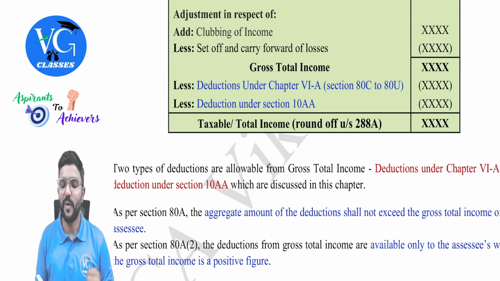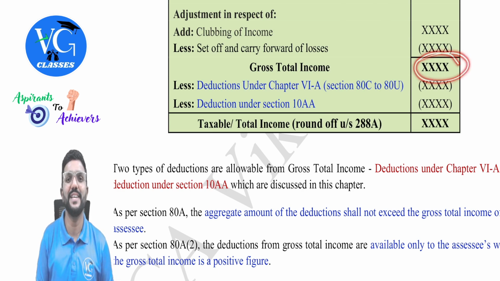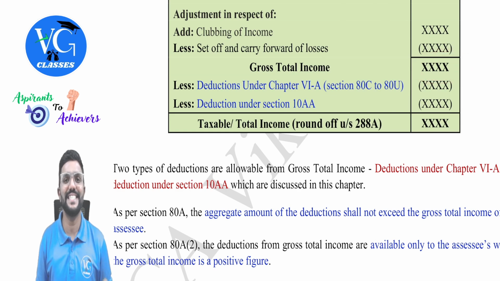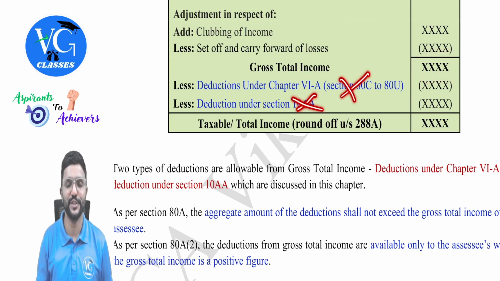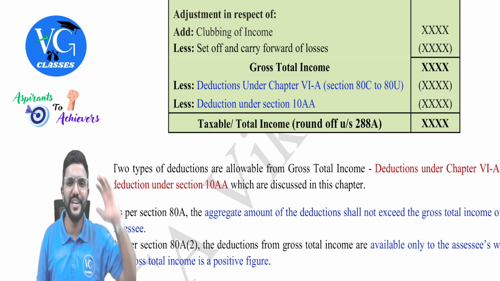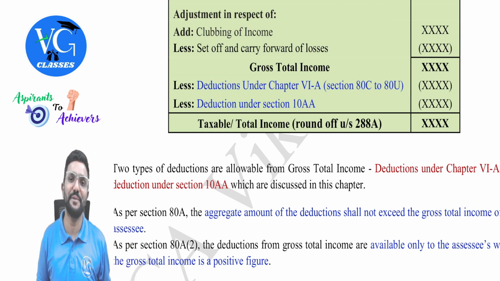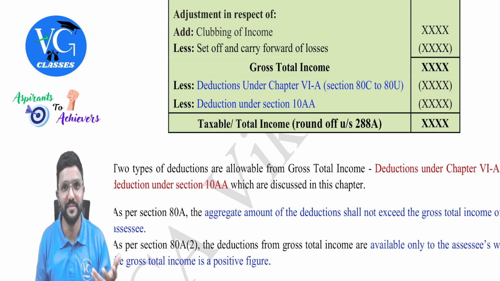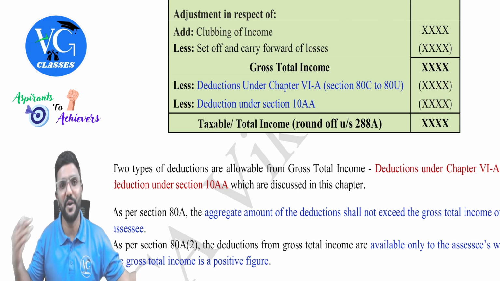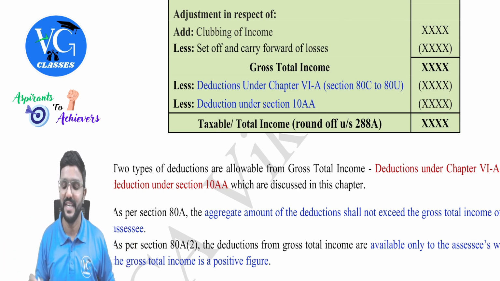Got it? Yes. Sir, what if the gross total income is nil? Then the assessee cannot claim any of these deductions. Sir, what if the assessee has only loss? He doesn't have any income. Even in that case, he cannot claim these deductions. Even though he is eligible, even though he is making investments, contributions, donations, still he cannot claim these deductions, guys.